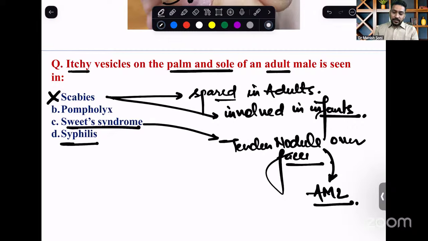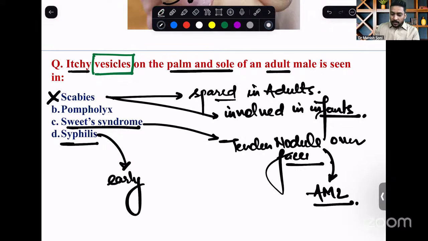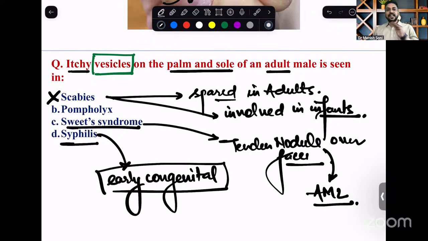Then syphilis. Now remember that vesicles are written here, and vesicles are not seen in syphilis except for one type, and that is early congenital type of syphilis.